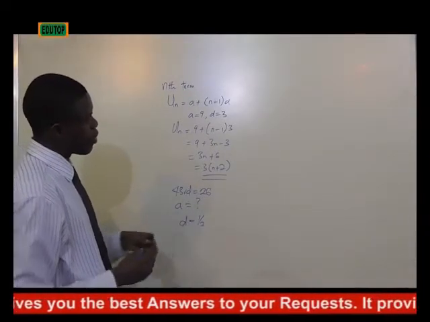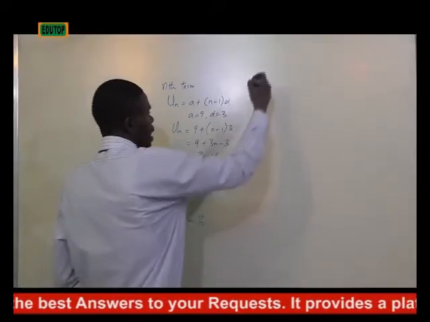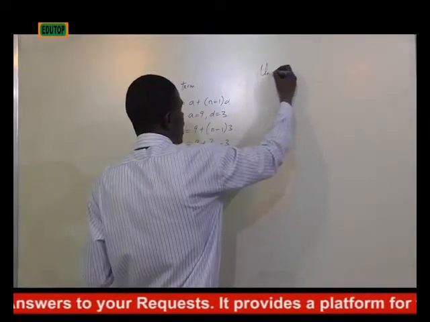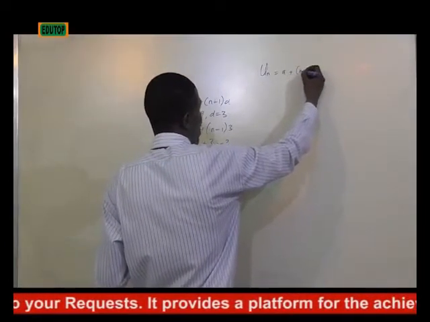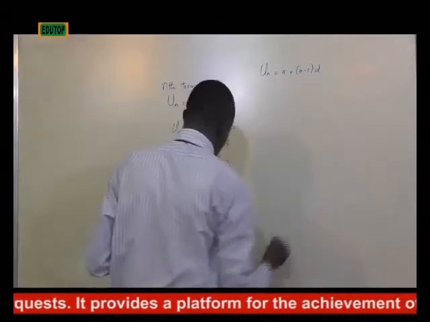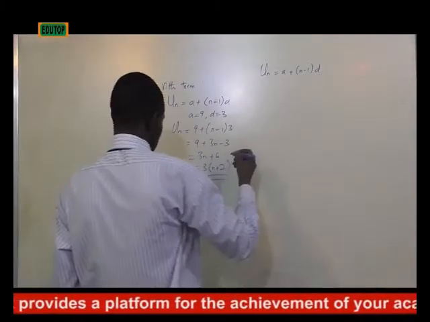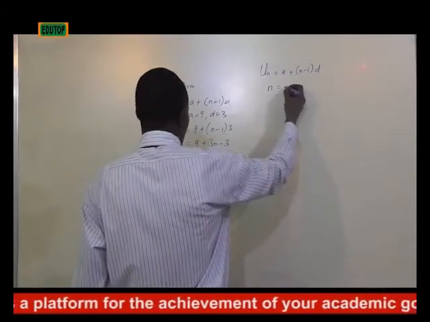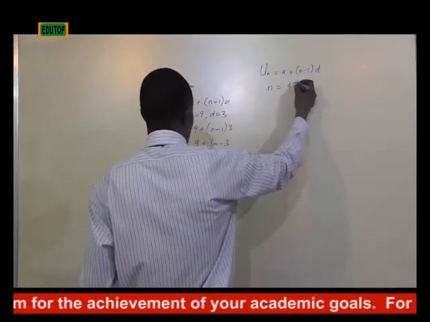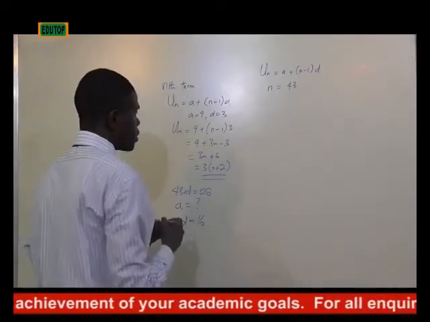D is 1 over 2. So from the formula, which is UN equals A plus N minus 1 D, we know that our N here will be 43, since that is what is given.